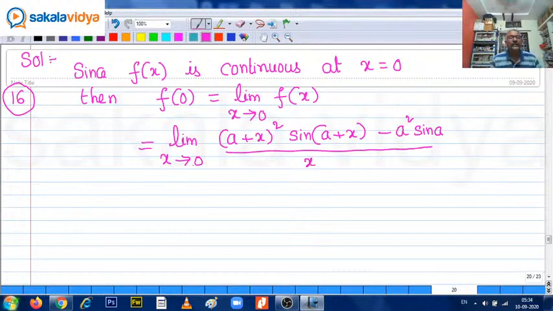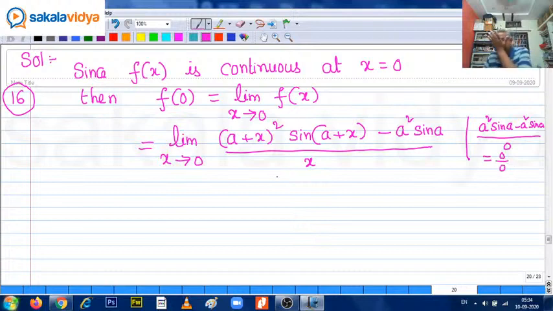If you substitute the limit x as 0, what do you get now? Like this, a square sin a minus a square sin a upon 0. This will be 0 by 0 form.